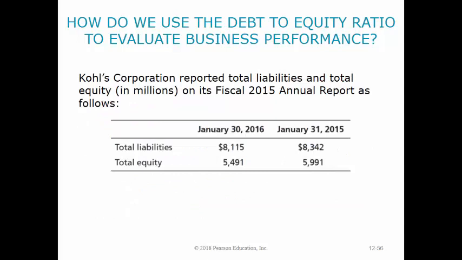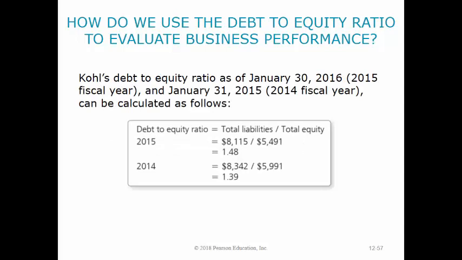This slide shows Kohl's Corporation's total liabilities and total equity, in millions, that were reported on its fiscal 2015 annual report. Kohl's debt-to-equity ratio as of January 30, 2016 is above 1, indicating that the company is financing more assets with debt than with equity. Notice that its debt-to-equity ratio is not improved from January 31, 2015, when Kohl's had a debt-to-equity ratio of 1.39.